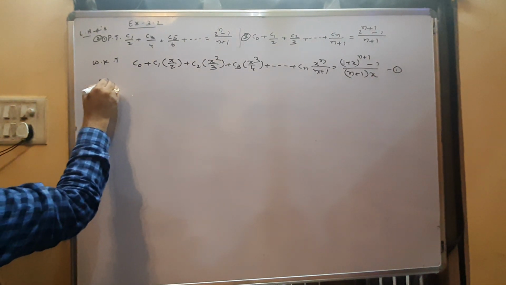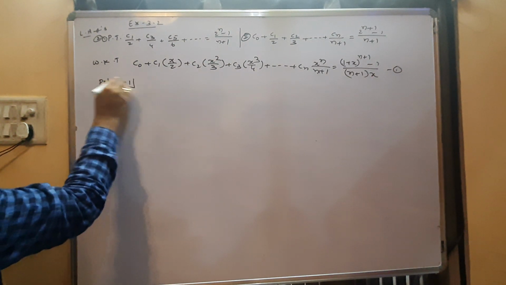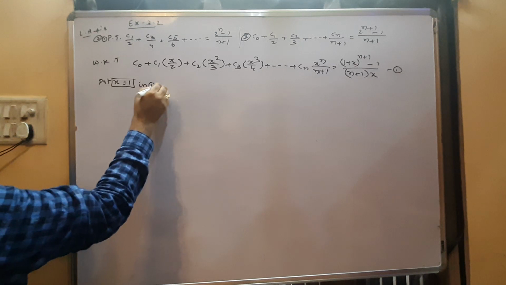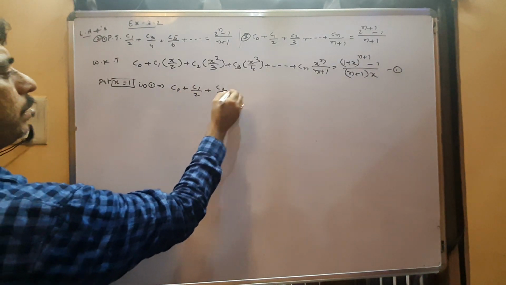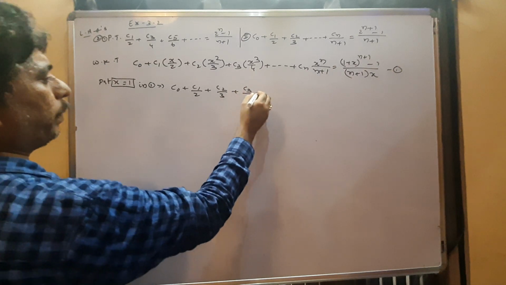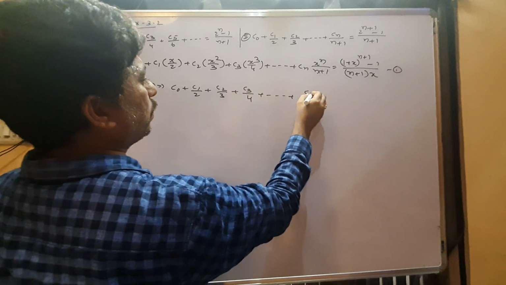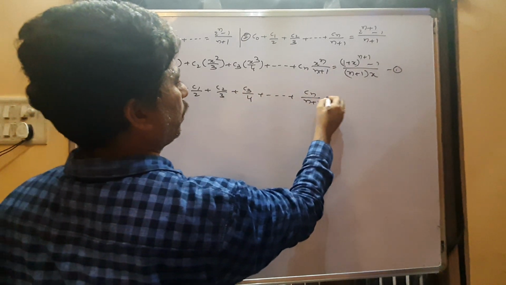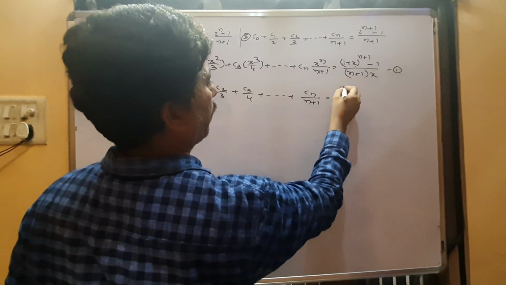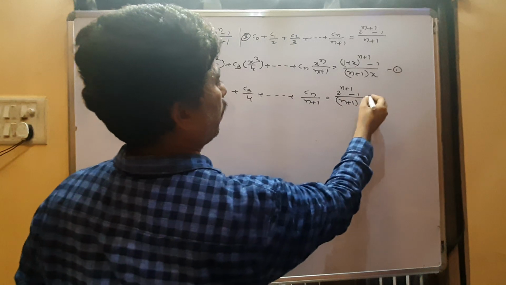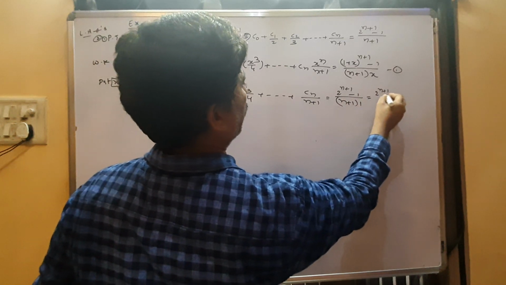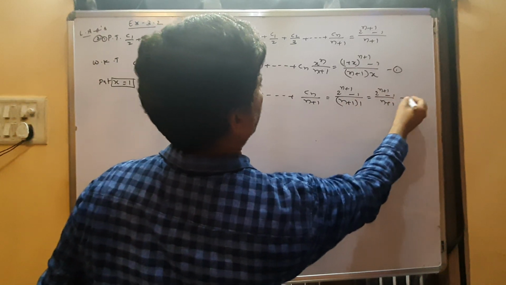Put x equal to 1 in equation 1: we get C0 plus C1 by 2 plus C2 by 3 plus C3 by 4 plus and so on, Cn by n plus 1 equal to 2 power n plus 1 minus 1 by n plus 1 into 1. Right, this is called equation 2.